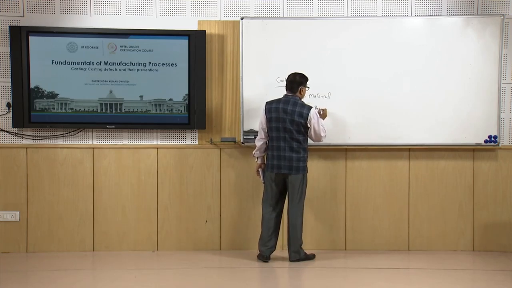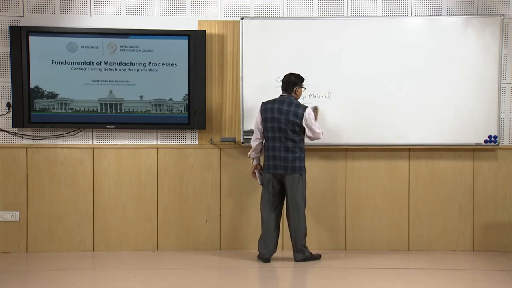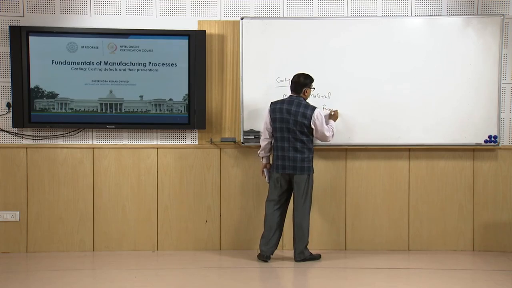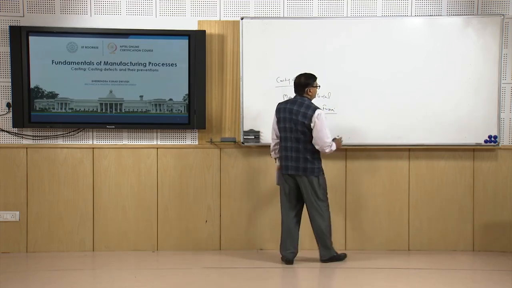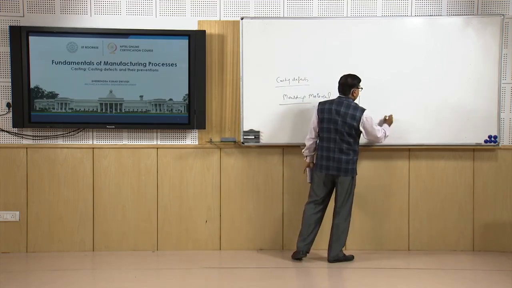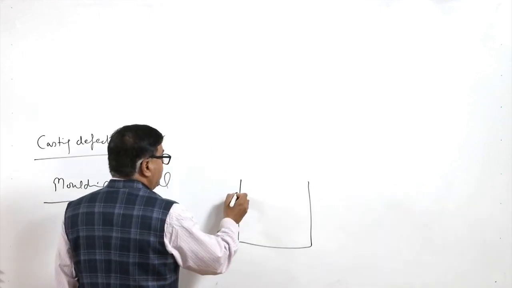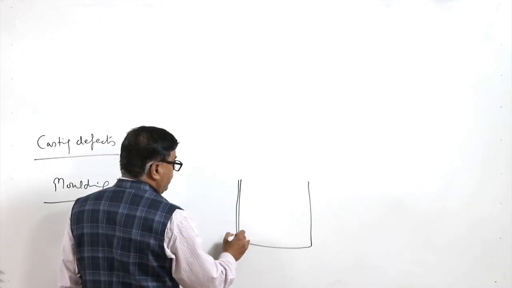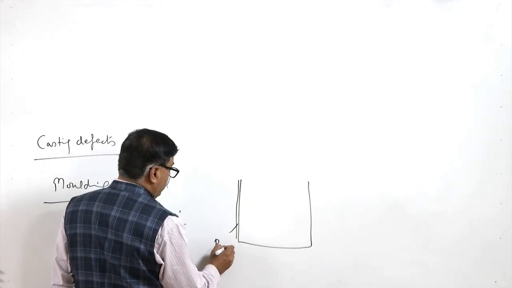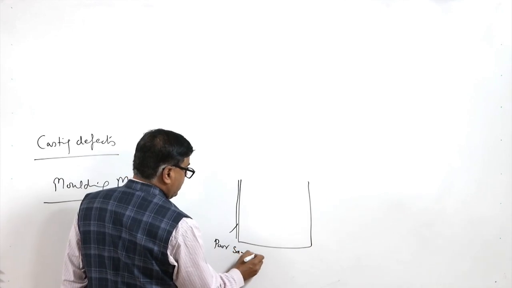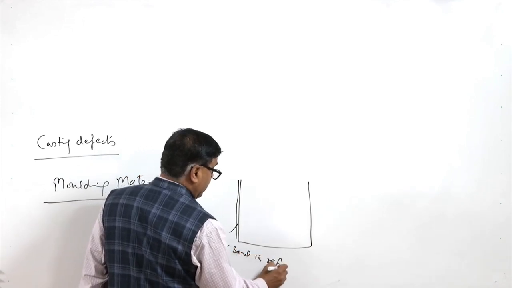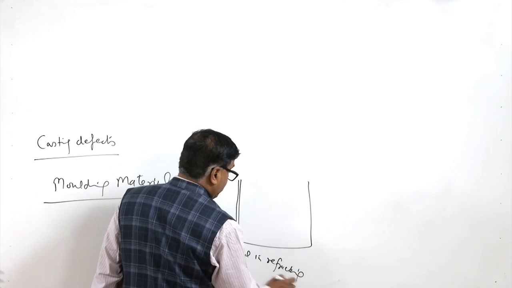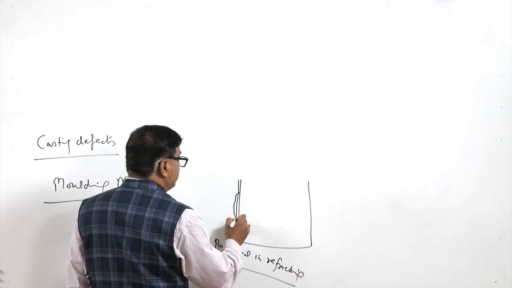Fusion is another issue which is encountered in castings. Say this is the mold wall, and if this area has been made of poor sand in terms of refractoriness, then it will fuse with the molten metal.